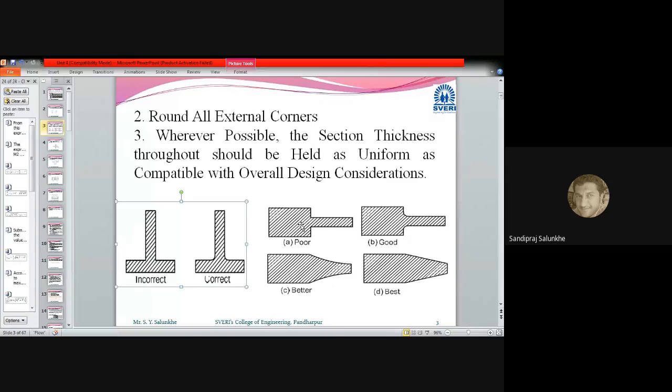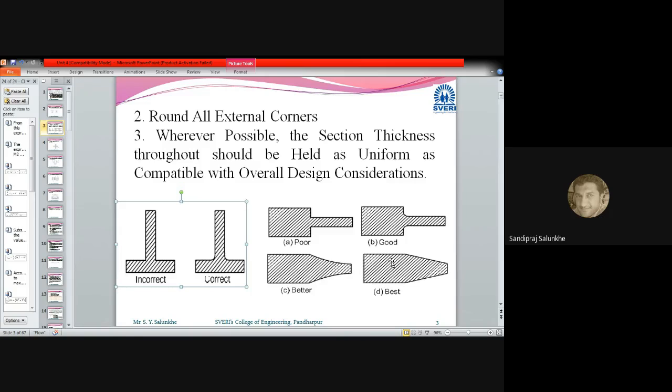So when we consider that this part has to be manufactured by means of casting, in the first diagram, A, you can see that the corners are sharp. Ninety-degree corners are provided. Whereas in B, the corners are rounded. Whereas in C, the same length of that part is achieved by decreasing the area gradually, by means of one concave shape.